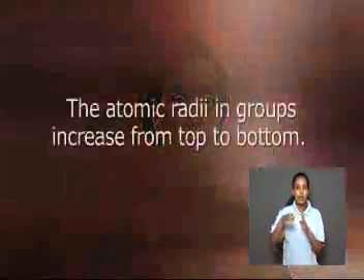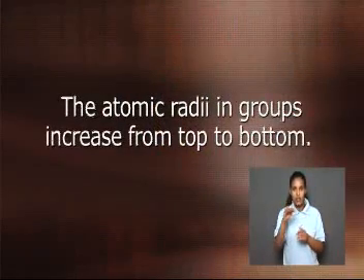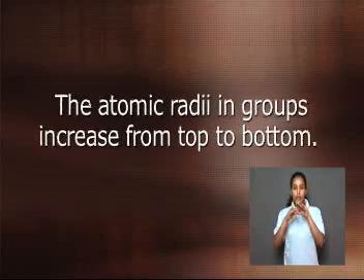In today's lesson, we will look at these same trends with regard to elements within groups of the periodic table. Within groups, each succeeding element has one more principal shell occupied by electrons. Therefore, the atomic radii in groups increase from top to bottom.